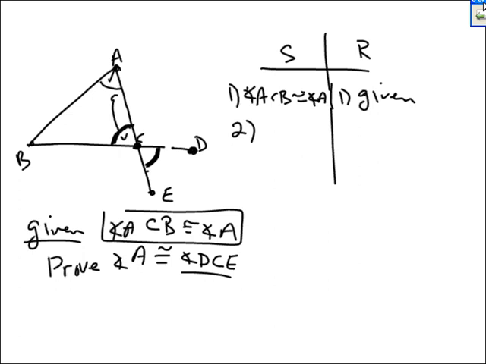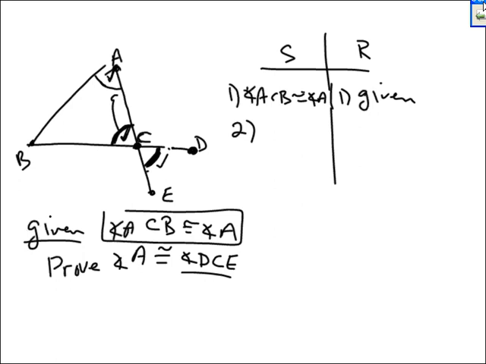I don't care that there is this extra side that we drew. There are two lines that intersect at point C, and opposite angles are equal. And then you can say, since this angle here is equal to angle C, and angle A also equals angle C, by the transitive law, A and DCE are equal.